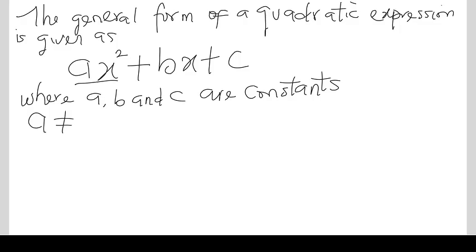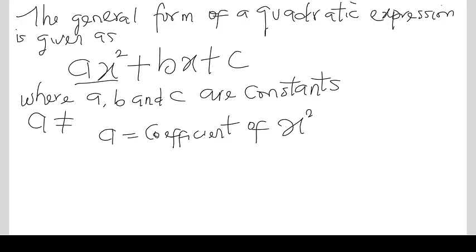So a, b, and c, they are constant, where a must not be equal to 0. And also a is the coefficient of x squared, sorry. So a is the coefficient of x squared. Coefficient means the number beside a particular letter. So the coefficient of x squared, as in the quadratic expression that I've written above, is a.